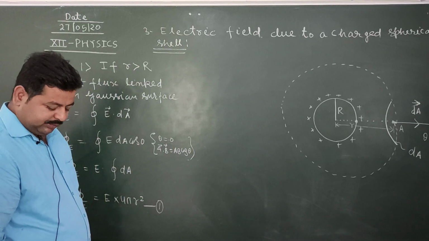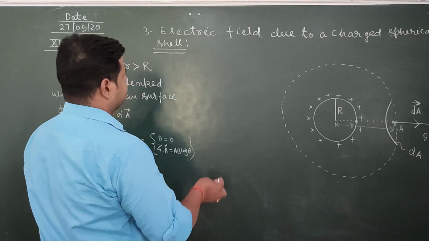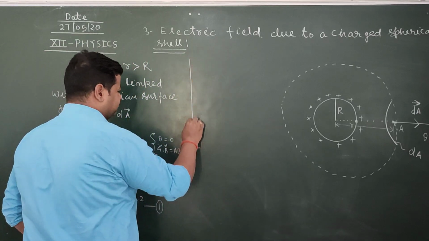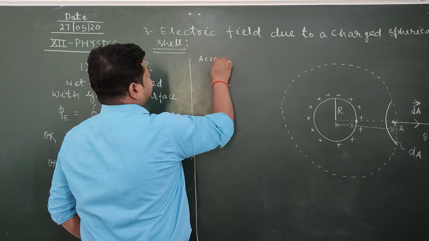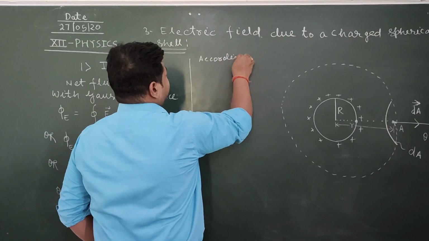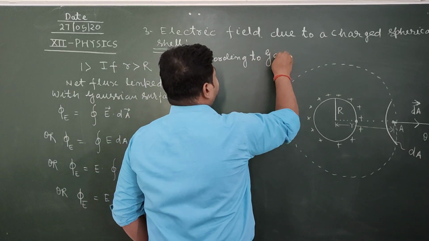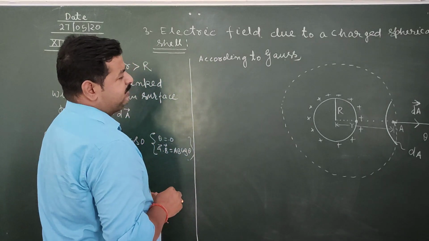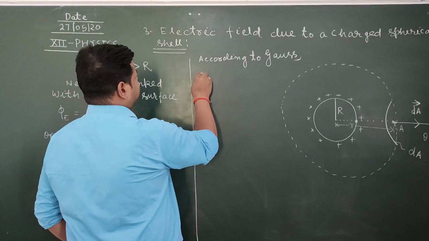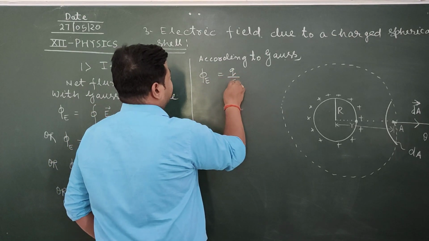Now we write what is the flux according to Gauss theorem. So according to Gauss, the electric flux from closed surface, that is phi E, is equal to Q by epsilon naught.